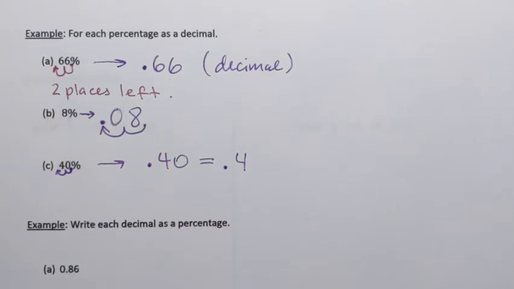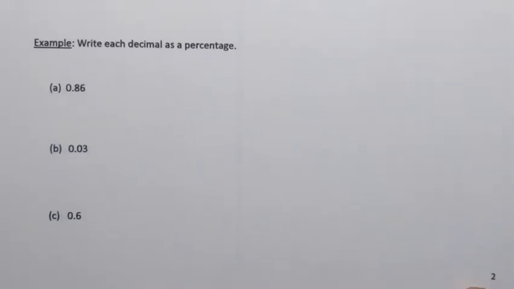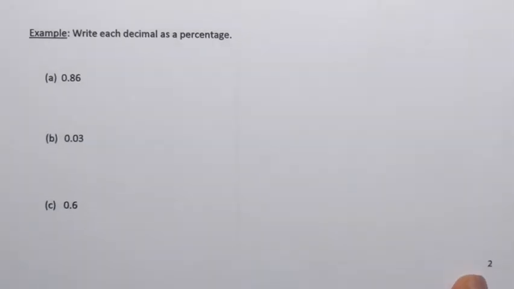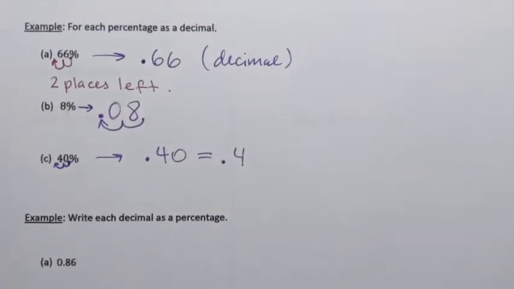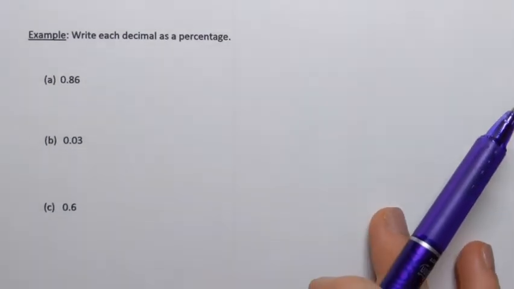And now let's try this backwards. So in other words, we're going to be given decimals, and we need to write them as percentages. And it's also not that hard because we're going to be moving the decimal point again, but the other direction. So before we had to move it left to go from percentage to decimal. Now we have to move it to the right.